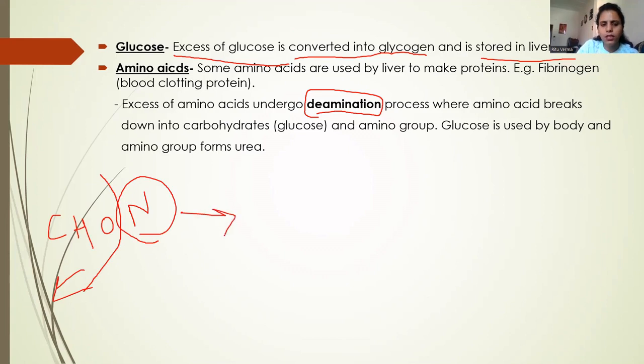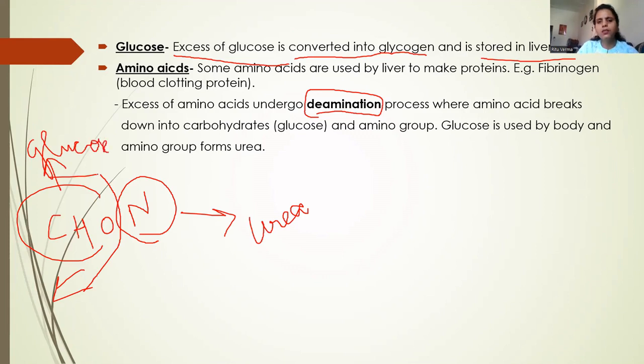The nitrogen is involved in the formation of urea, and the carbon, hydrogen and oxygen together form glucose. So this process is known as deamination, which means removal of the amino group from the amino acid. The amino acid breaks down into carbohydrate, because CHO will form carbohydrate, and the nitrogen leads to the formation of urea.